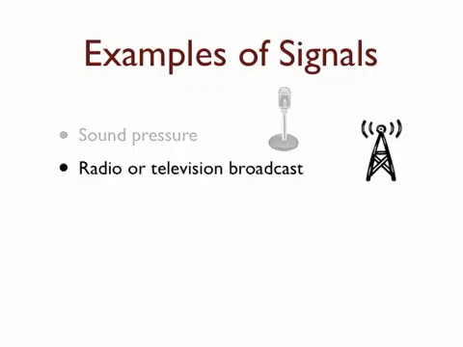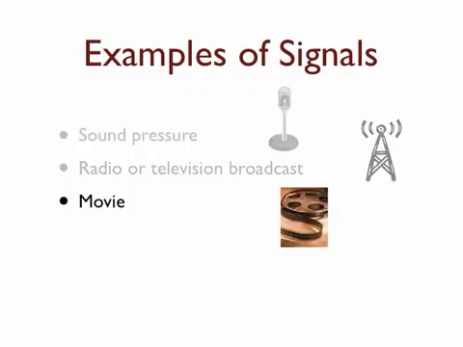We could consider a radio or television transmitter broadcasting a program and look at the electromagnetic wave that leaves the antenna, and that's also a signal. A movie is a signal that varies in both space and time, since the color varies within each frame depending on the spatial location of the pixel, and then over time each pixel also is changing its color.